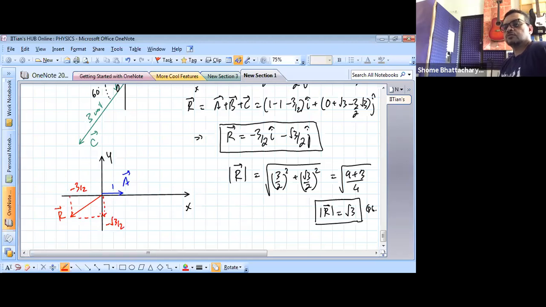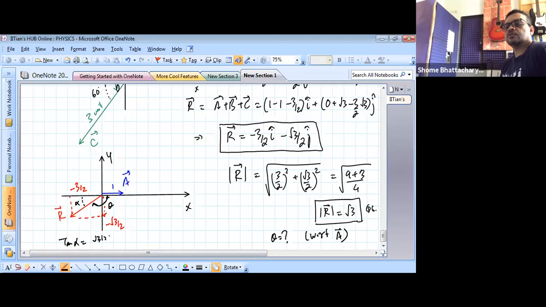Okay. So we want to now calculate which angle? We want to calculate this whole angle. We want to calculate how much this is with respect to the vector E. So for that, we can start by calculating this angle. You can see that tan alpha is this side divided by this side.